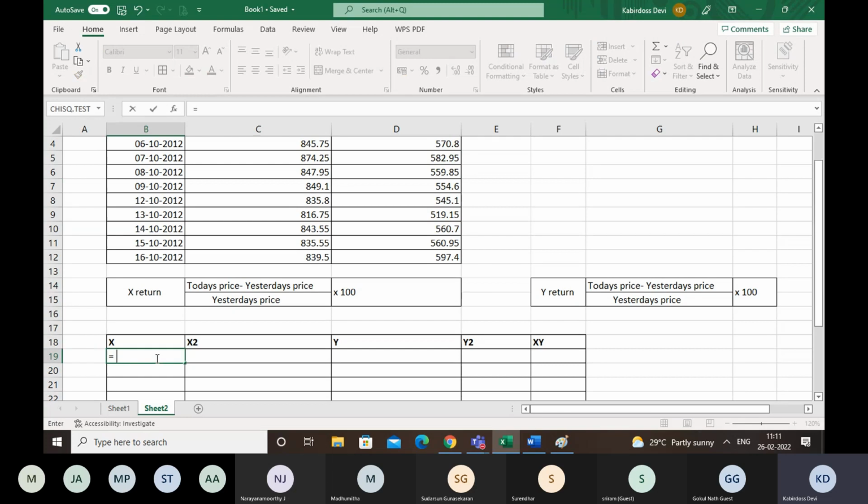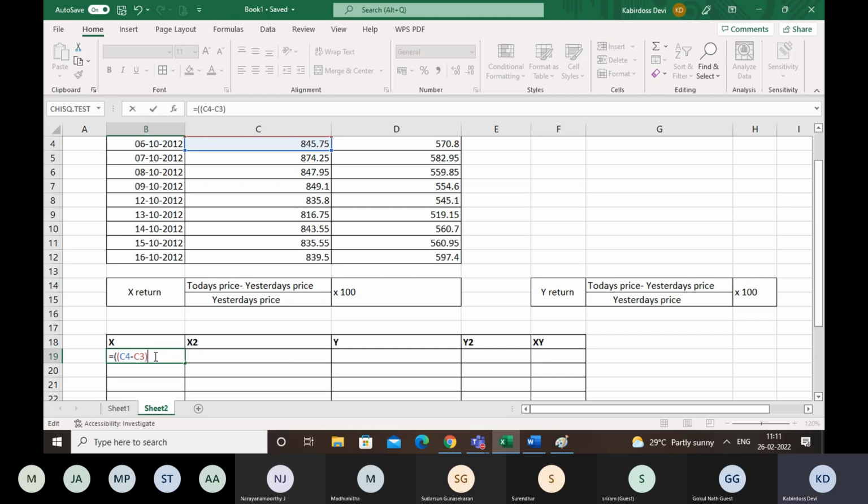I put this in brackets: today's price, which is C4, minus C3. Then I need to divide that.